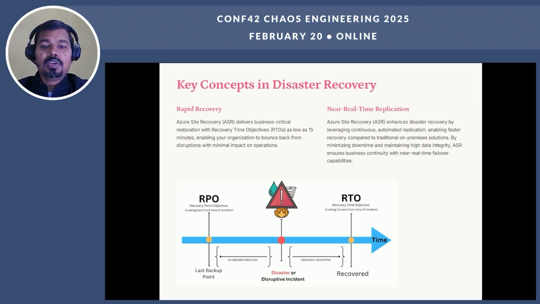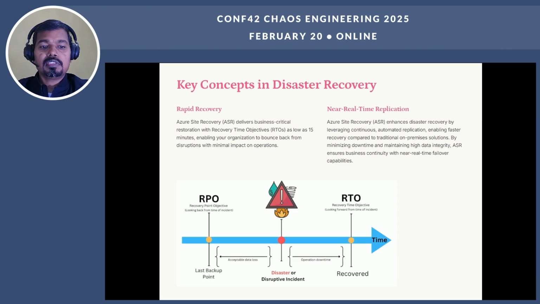And also, ASR continuously replicates data, ensuring that failover happens quickly and with minimal data loss. Unlike traditional disaster recovery methods that rely on scheduled backups, ASR provides near real time protection, helping businesses maintain continuity even in the face of unexpected disruption.